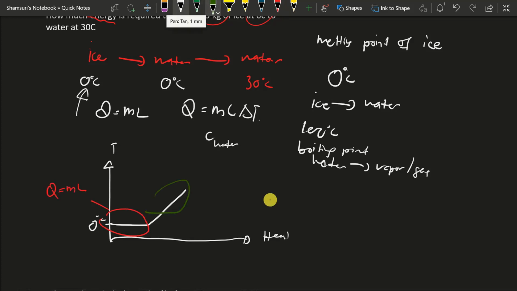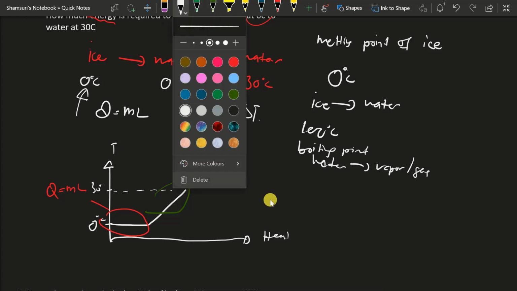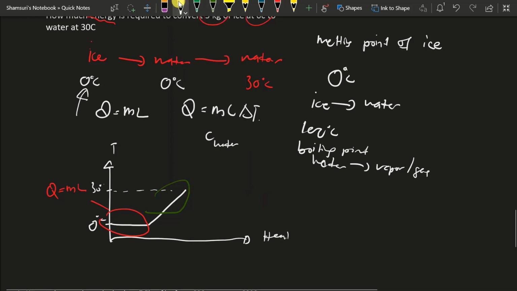Then Q is equal to mcΔT. But this part, maybe in green color, is water. That's why the C here is actually Cp of water, not ice. That's why the value is 4186.